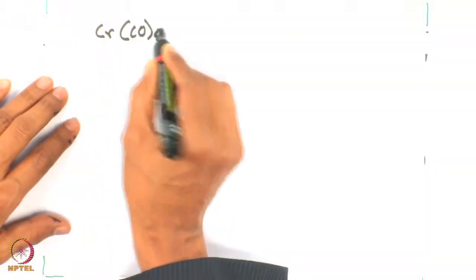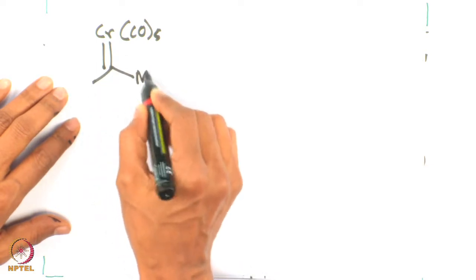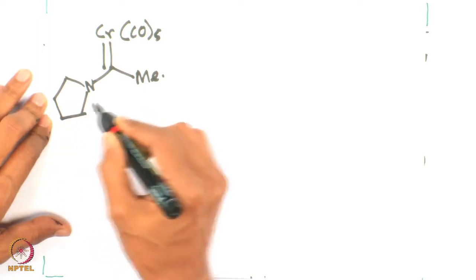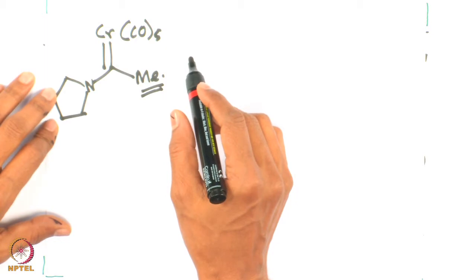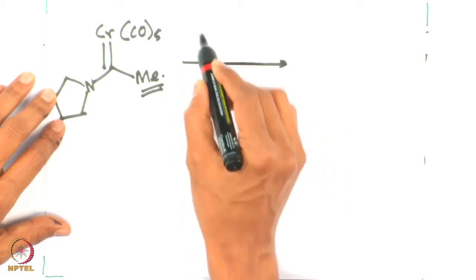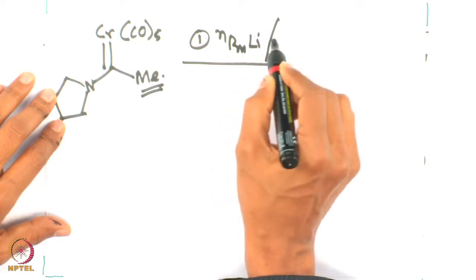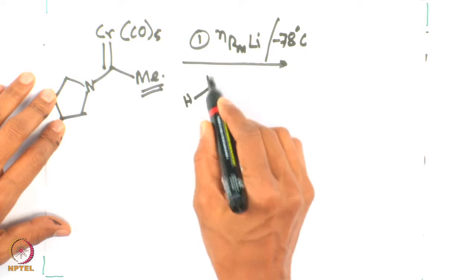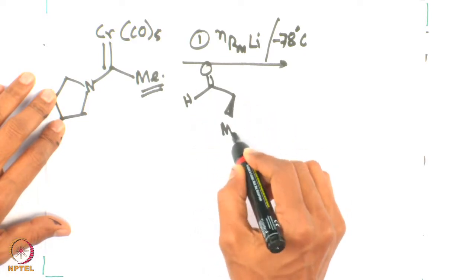The chromium pentacarbonyl reagent we have, and then it is reacting with the methyl counterpart. Now, this is the one which we have seen the acidity is quite good, and if you have n-butyllithium at even minus 70-80 degrees C and you are interested in reacting with an aldehyde, we are doing an aldol reaction.